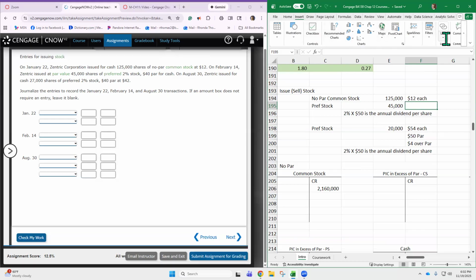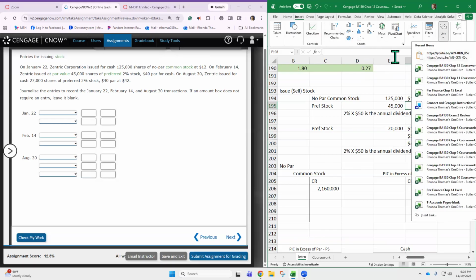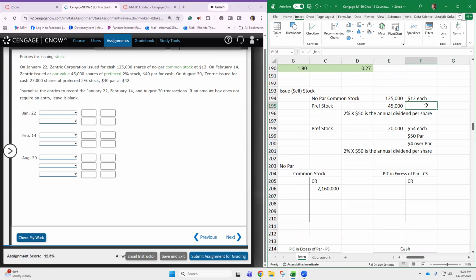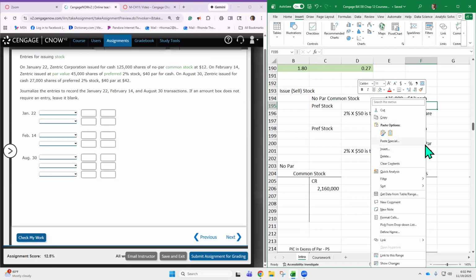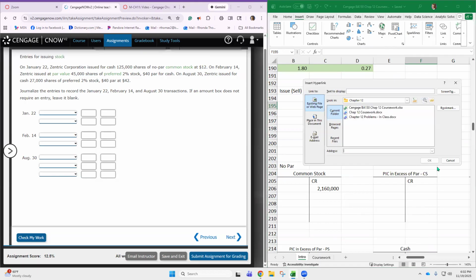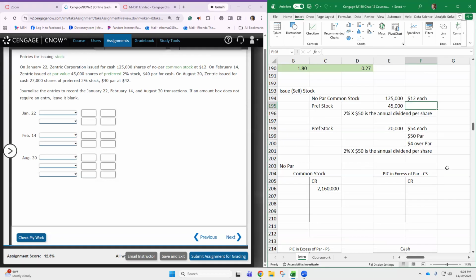Usually you insert a link. Let's remove a link. Let me see if it would let me remove that link. Should be. I don't know how that got in there. Cancel. Place in this document. I'm going to put it beside there.